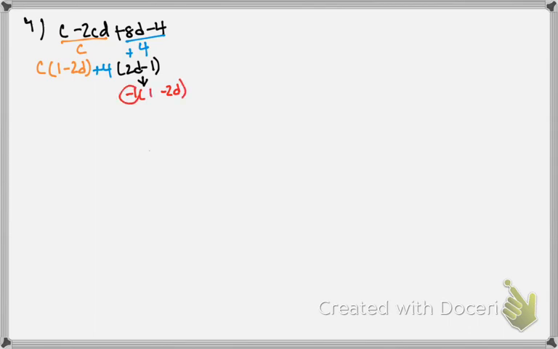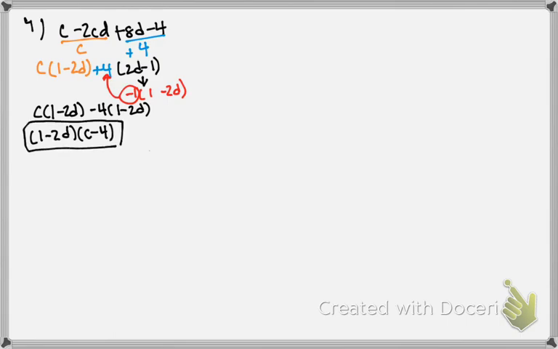Okay, so what do I do with him? I multiply him up there. At this point, I've got c times the quantity 1 minus 2d, minus 4 times the quantity 1 minus 2d. So I factor out the common 1 minus 2d and multiply it by c minus 4. And there you go.